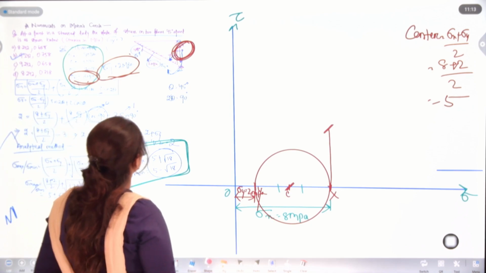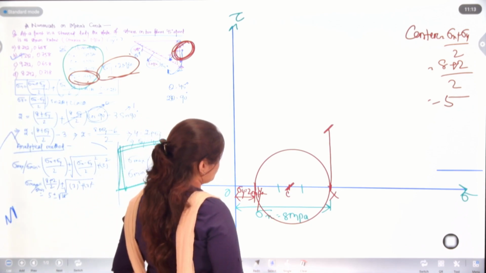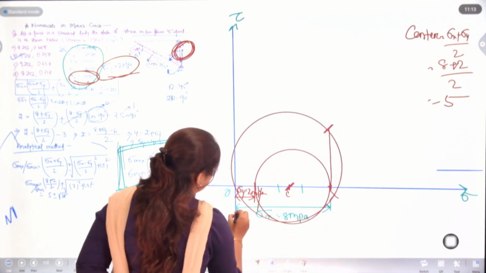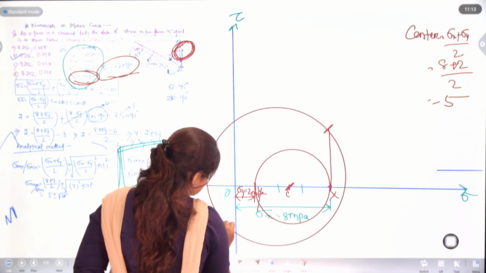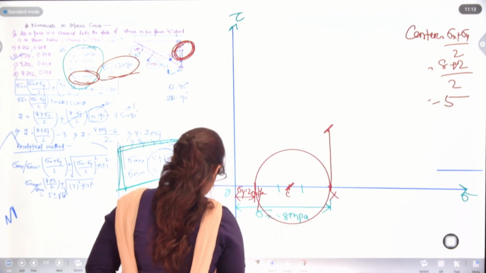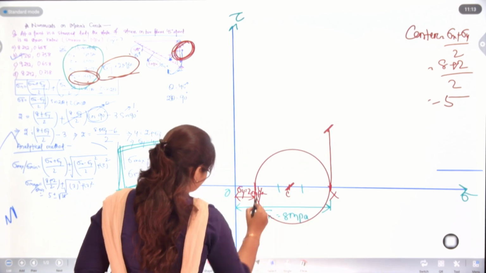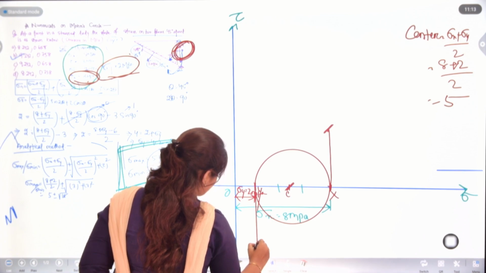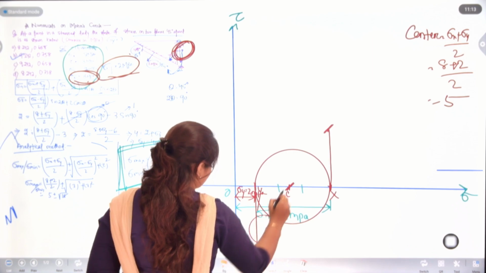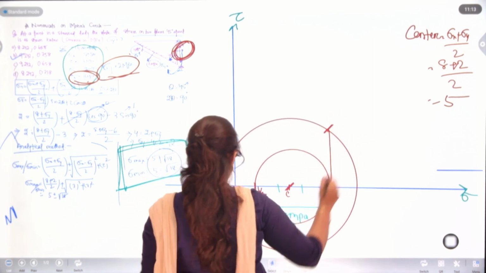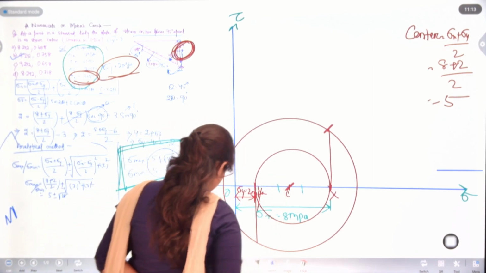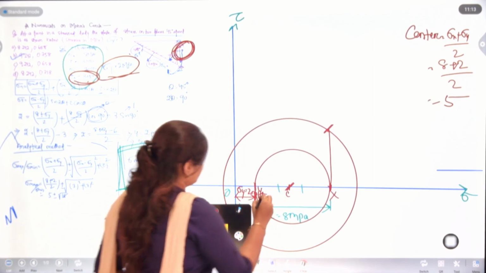Now you can find out the major and minor principal stresses. From this you will draw the point, and here you will have the Mohr circle. This small circle is the representation of what?